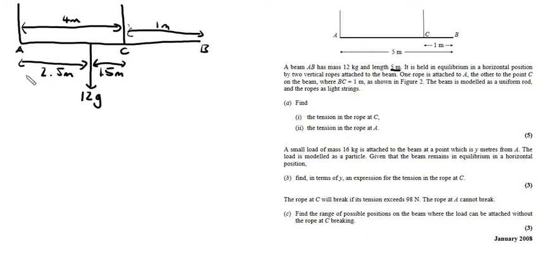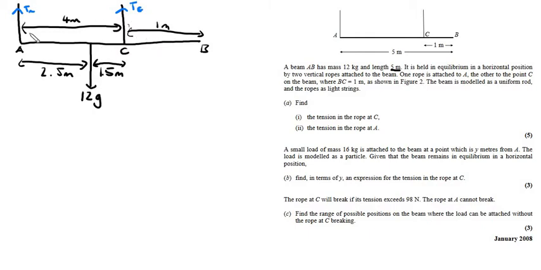And so we have tension here, call that T subscript A, and we have tension here, T subscript C. And these tensions are not going to be equal because they're not an equal distance from the center of mass of the beam.